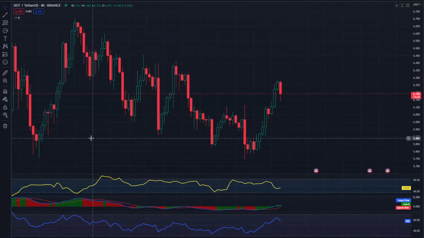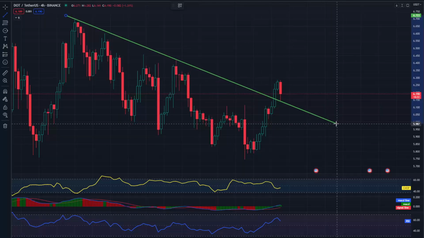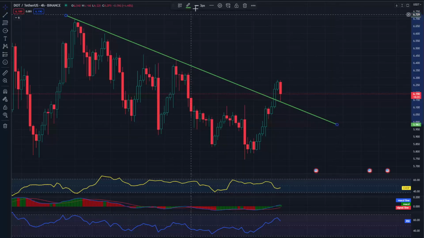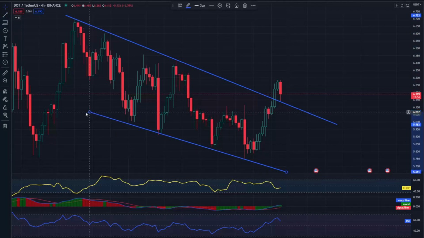Next, we can move to the DOT chart in tandem with USDT on a 4-hour time frame. As we can see, the price is broken out of the local downtrend channel, which we have marked with blue lines, and is struggling to hold the price.